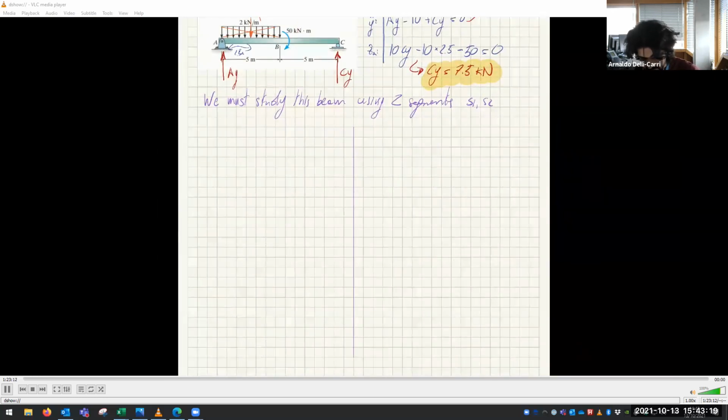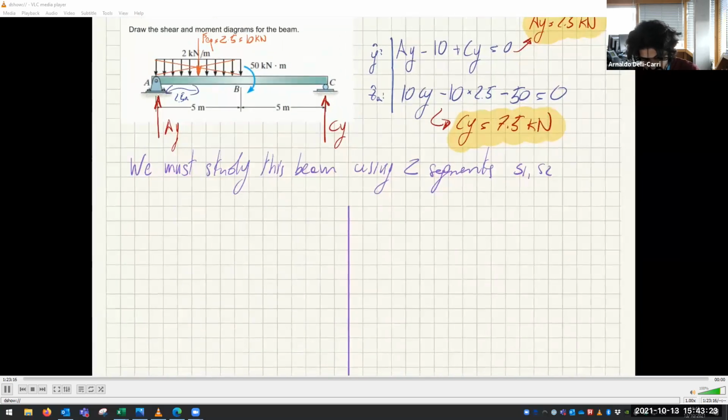And on the left, we have segment 1. Of course, segment 1 goes from 0 to 5 because something happens here. We have a concentrated moment. And we also have the end of the distributed load. They both happen all of a sudden. Segment 1, x goes from 0 to 5 meters. Segment 2, x goes from 5 to 10 meters.